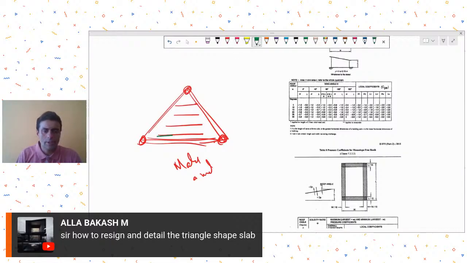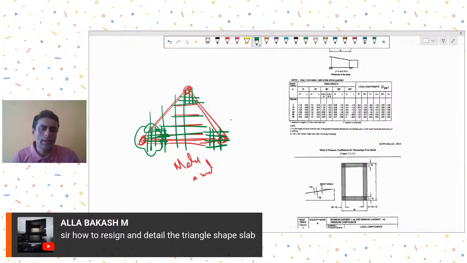Reinforcement placement can always be in this type of a direction, like this. And for triangular, you may provide some corner reinforcements also, maybe in the form of a mesh, just like we do in a rectangular slab at corners. Maybe you could come up with some rectangular mesh like system for the corners. In my opinion, it is best to design it in the computer model, or you should have the appropriate yield line pattern for it if you want to do it manually.